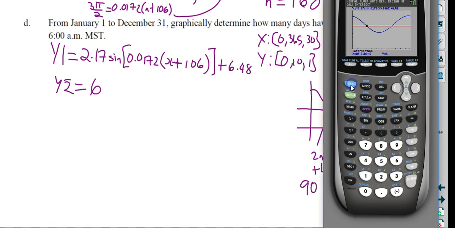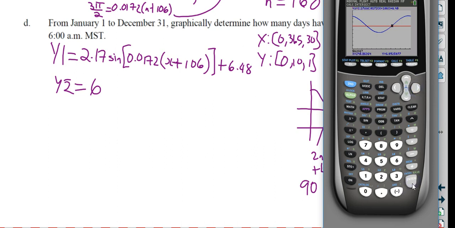And the second day, intersects. Let's go on the straight line here. If you want to trace on a different line, just use your up or down arrows. It'll move it from Y1 to Y2. It's 246.